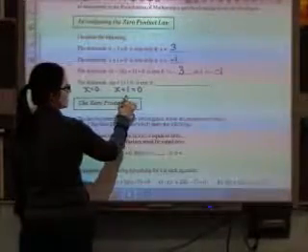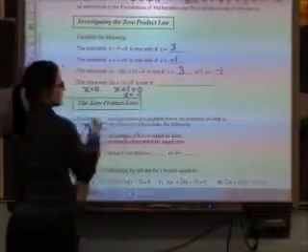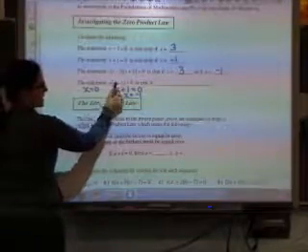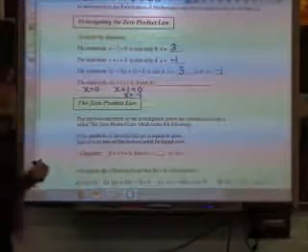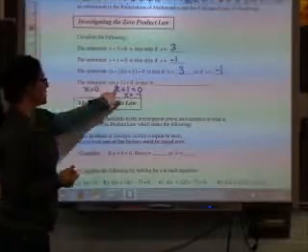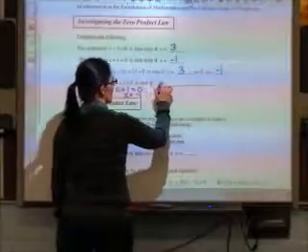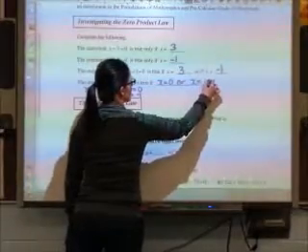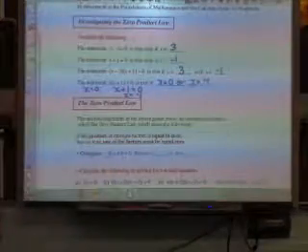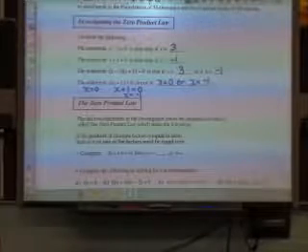X plus 1. Well, if x is equal to negative 1, I get a 0 inside the brackets multiplied by whatever that value of x is, I get a 0 again. So this statement becomes true if x equals 0 or if x equals negative 1. That's the zero product law.